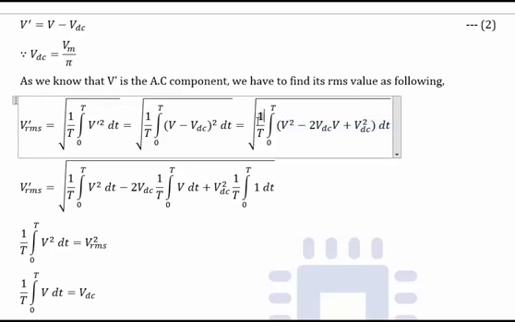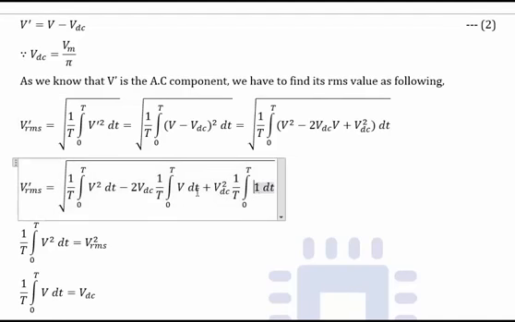The third is VDC square, constant, taken out of the integration, times the integration of 1 dt.